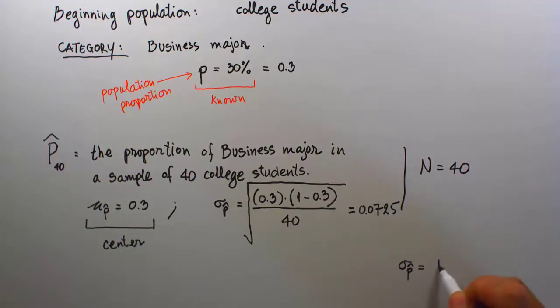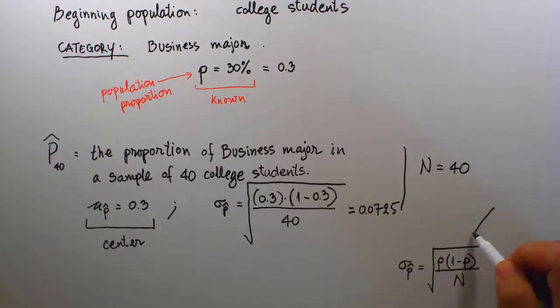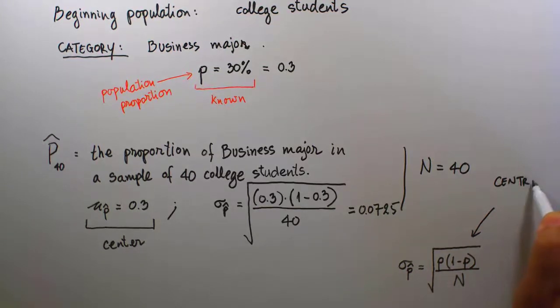From our known population proportion p, we multiply p with 1 minus p. This product is divided by the sample size, and we take a final square root. This is another result guaranteed by a statement in our central limit theorem.